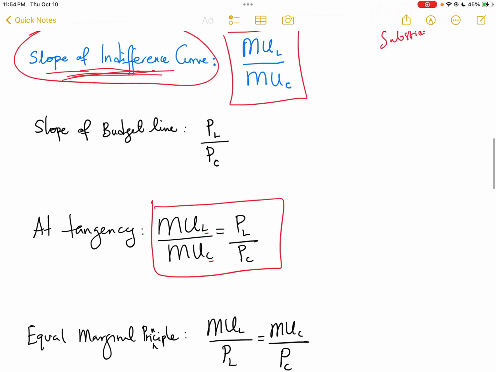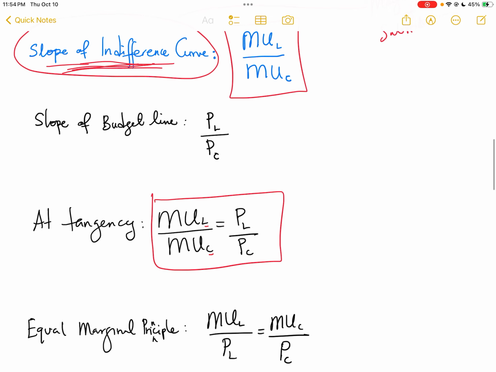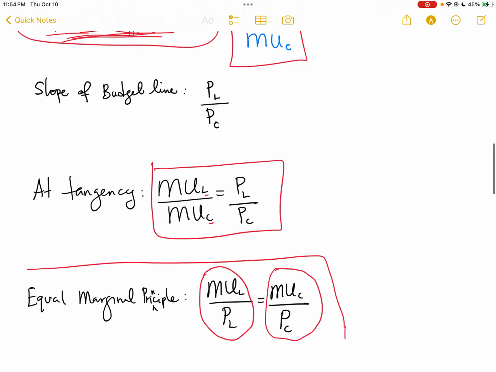So we can manipulate this tangency point to give us the equal marginal principle, where we set the marginal utility per dollar of one good equal to the marginal utility per dollar of the other good. In your principles classes, this is what you typically look at. But it is just a manipulation of that phenomenon at the point of tangency.